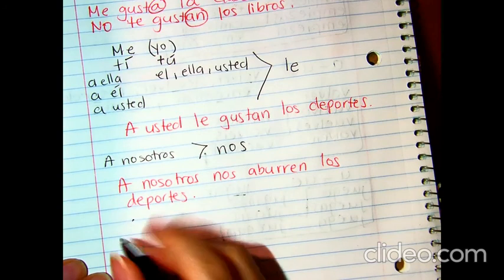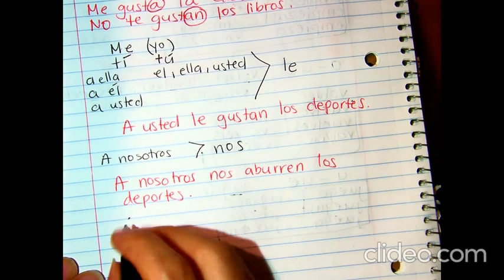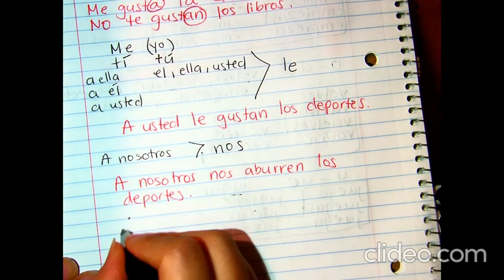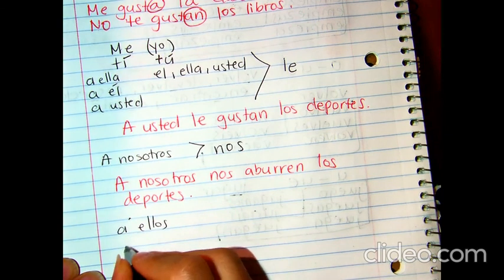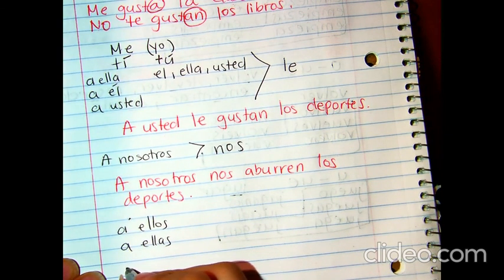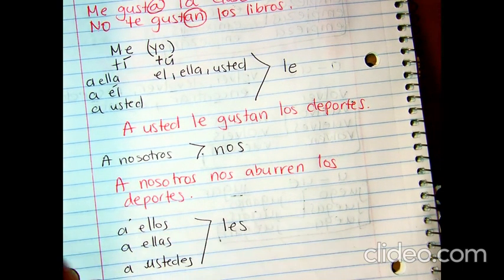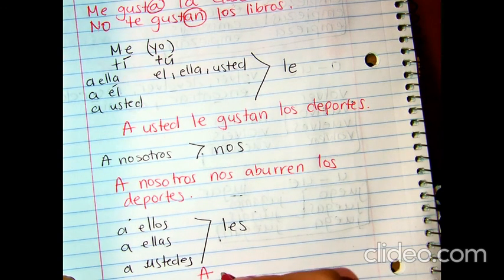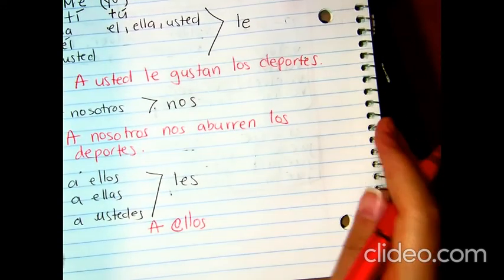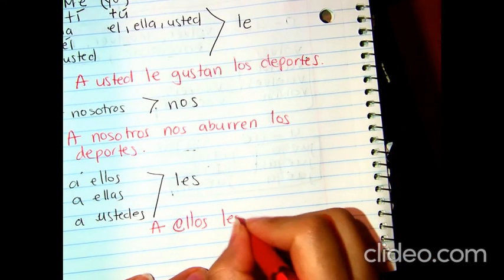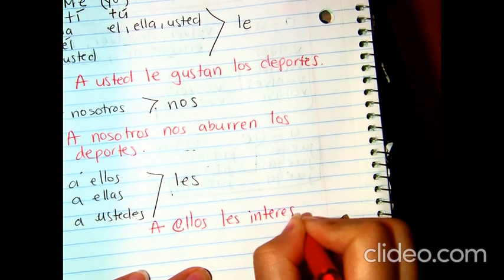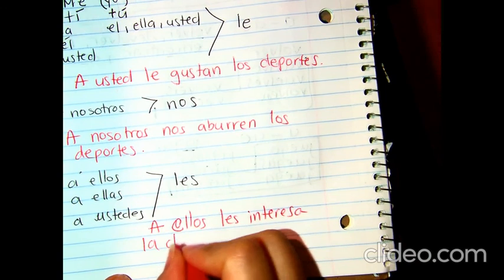Then you have a vosotros, you can say a vosotros too. A ellos, a ellas, a ustedes, you use les. A ellos les interesa la clase de música.